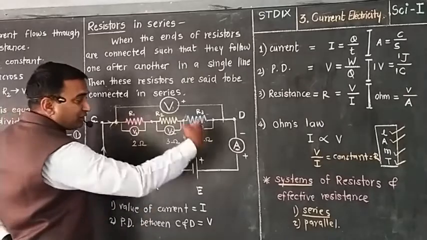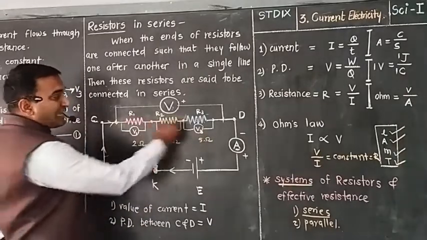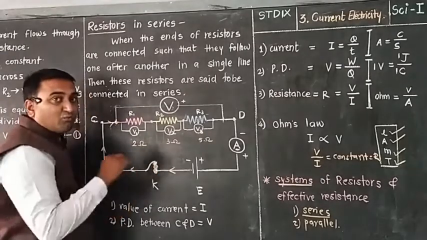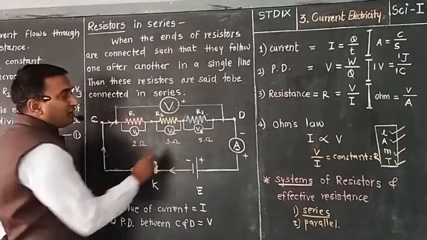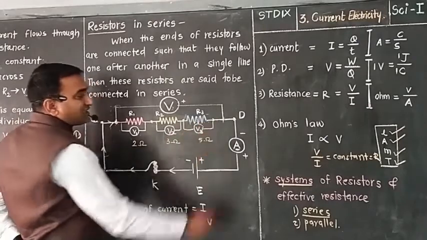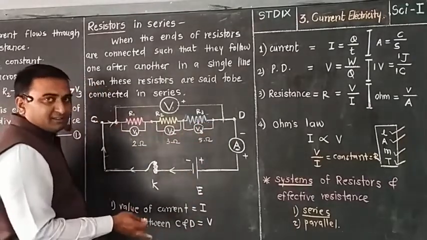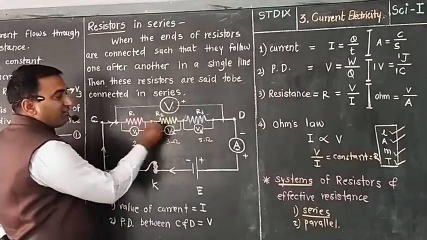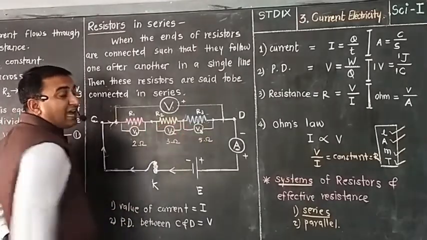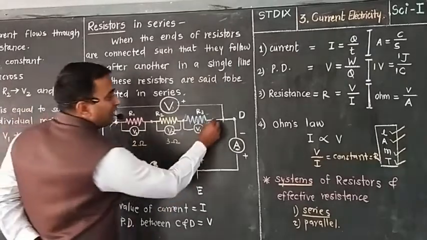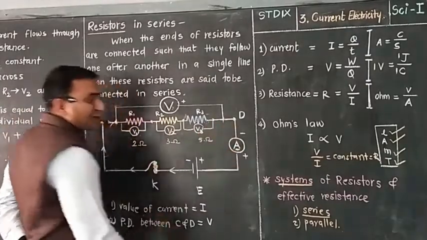So again to carry the electrons, you have to do work. As the resistance is more, more work you have to do. Now through this 3 ohm resistance, as more resistance is there, you have to do more work. So work done number 1, work done number 2, and work done number 3, and after these 3 works are done, electrons will pass through the circuit.